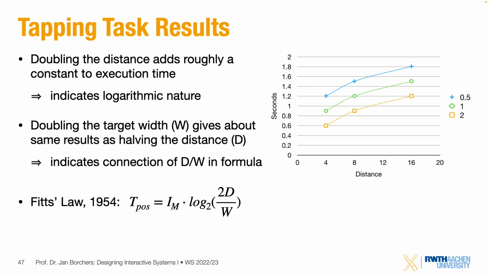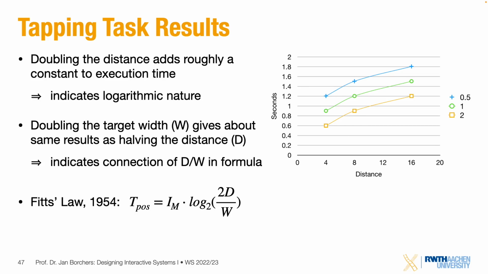Also, he realized that as we double the target width, time goes down, but also by a constant amount. So that's what suggested to him this logarithmic nature. He looked for a curve fit for his experimental data, and he did this with lots of different so-called indexes of difficulty. We today did 3 indexes of difficulty.